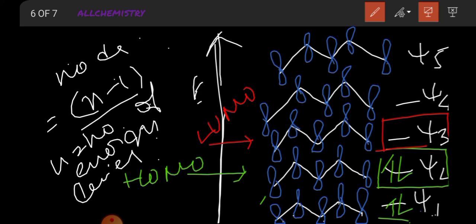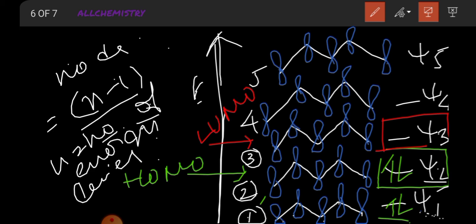Here the lowest energy level is psi 1, so here node will be 1 minus 1, 0. This is the first energy level, this is second, third, fourth, fifth: psi 1, psi 2, psi 3, psi 4, psi 5.